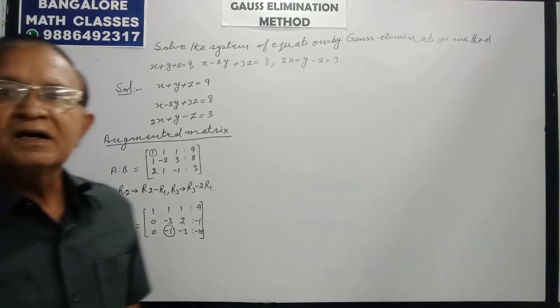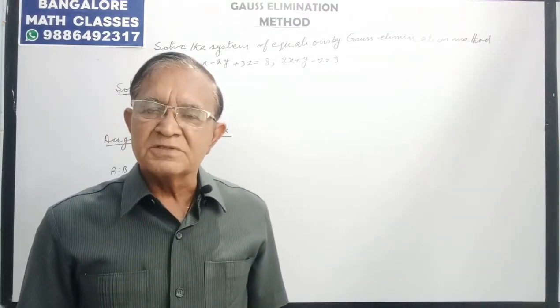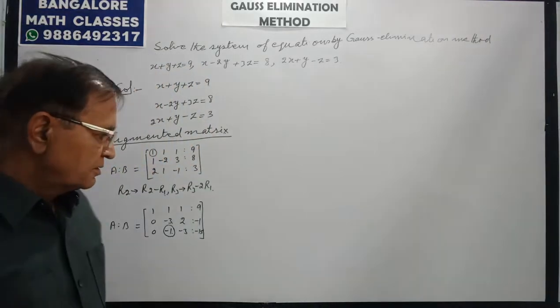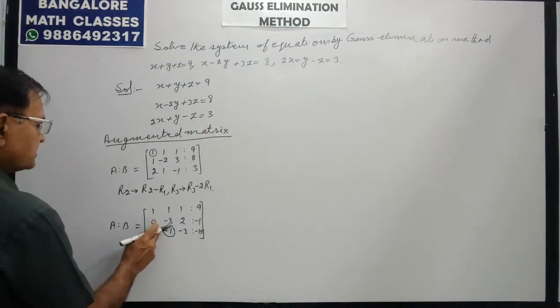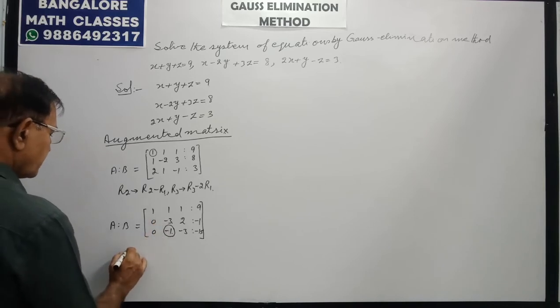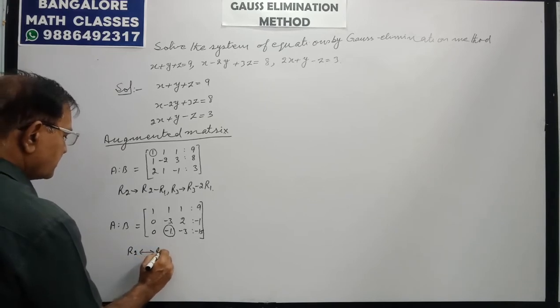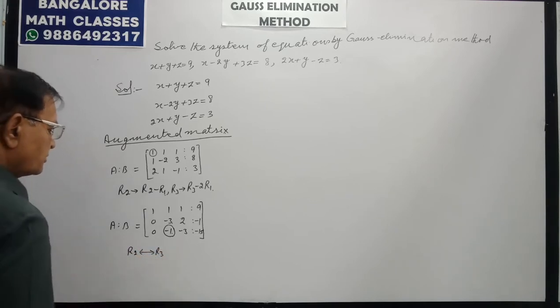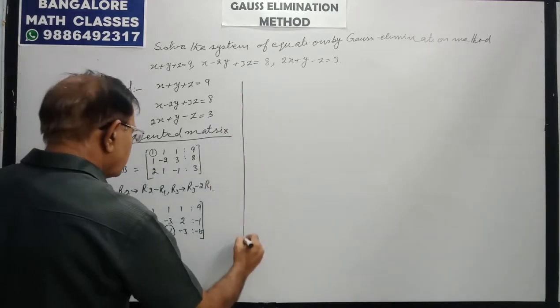If you go with fractions, a lot of calculation will come and there are chances of mistakes. An easier way is to interchange these two: R2 to R3 and R3 to R2. Silent about R1.